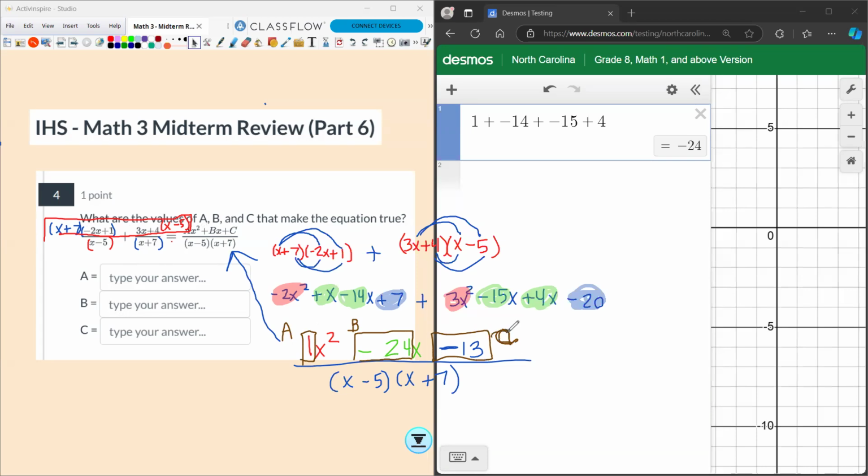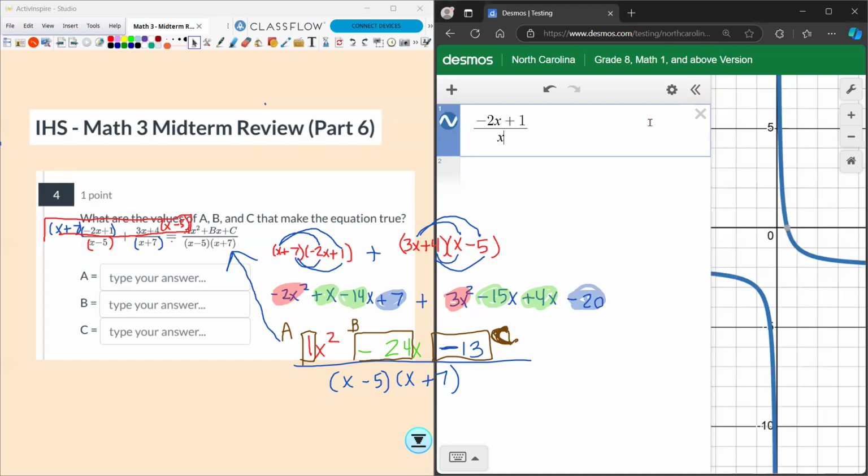Now you could, if you were savvy enough with Desmos, figure out which one of those is actually going to work. So if you want to see how we can use our graphs to help us, it's a little bit more work, but it's doable. So we would do negative 2x plus 1 over x minus 5, and then we do plus fraction bar 3x plus 4 over x plus 7.